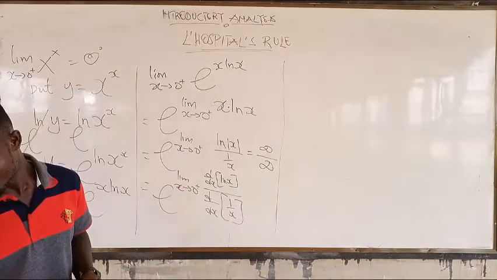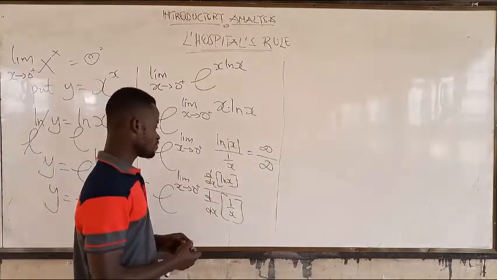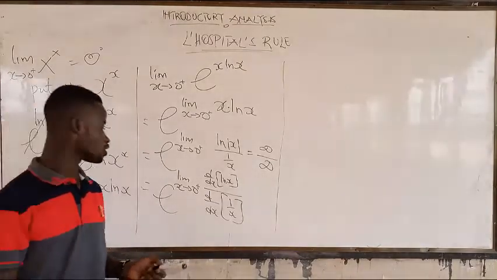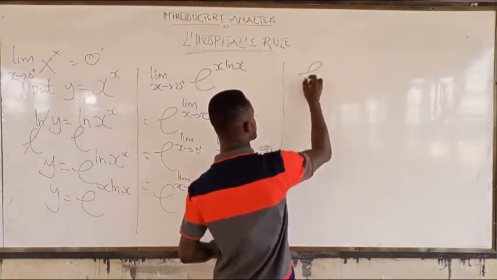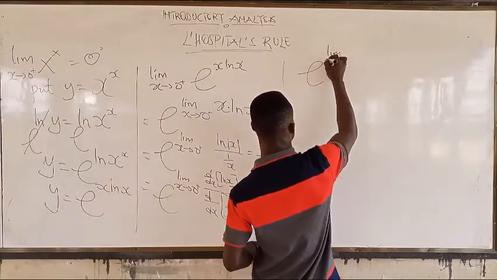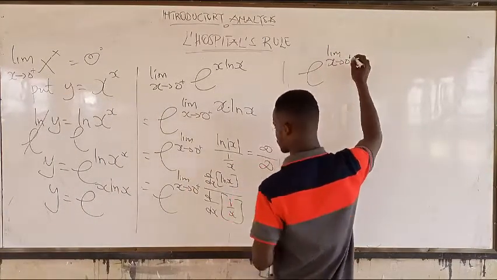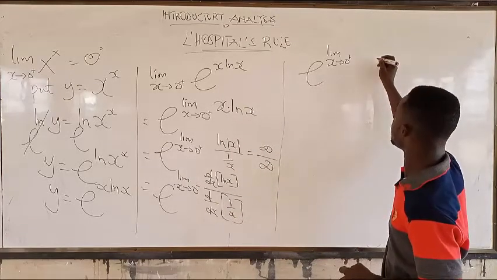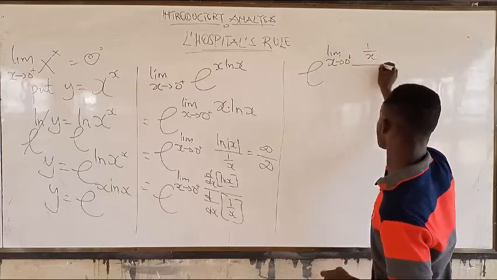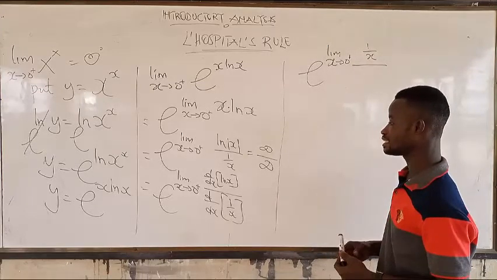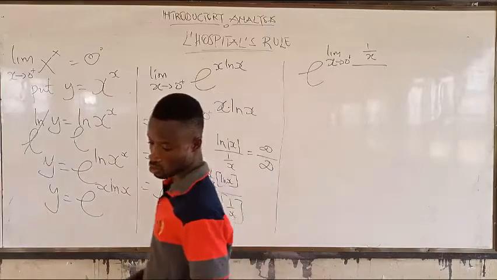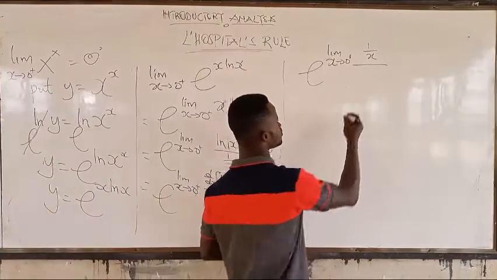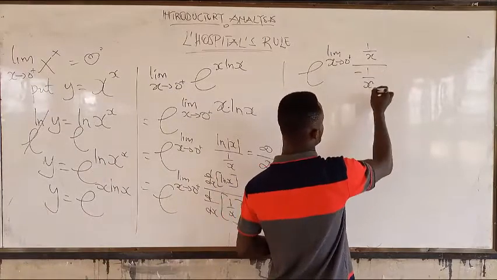Very good. Now, when you take the derivative of ln s, that's going to give you 1 over s over the derivative of 1 over s, which is also going to give you negative 1 over s squared.